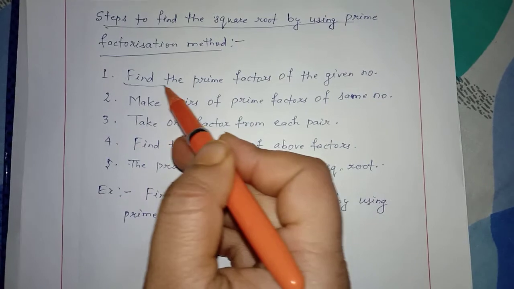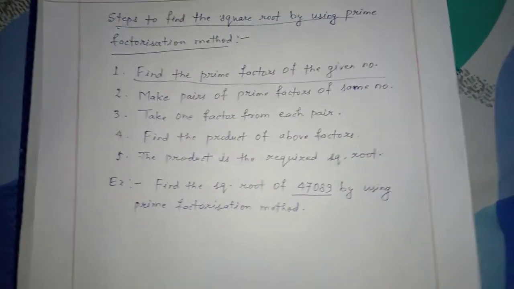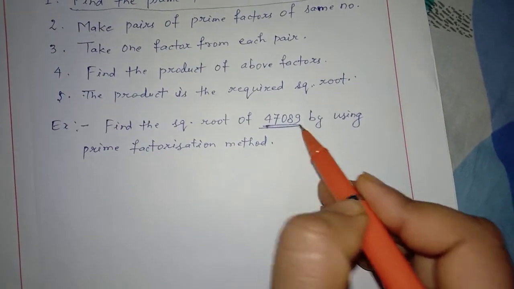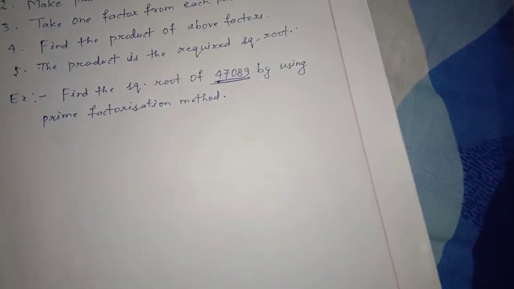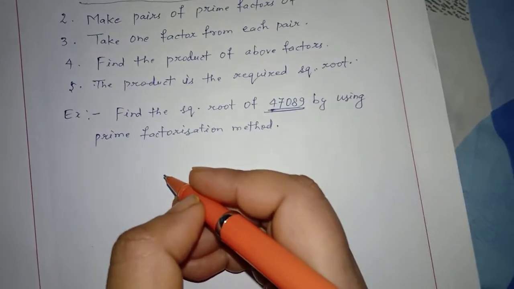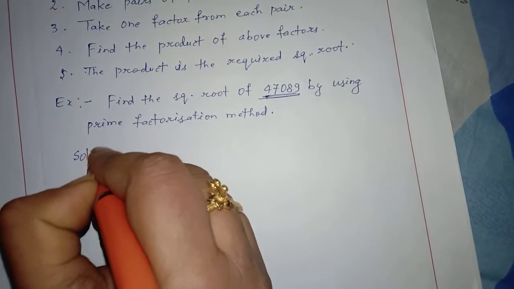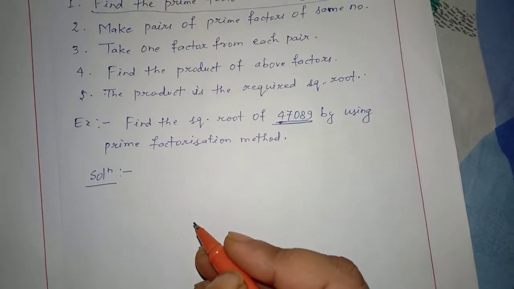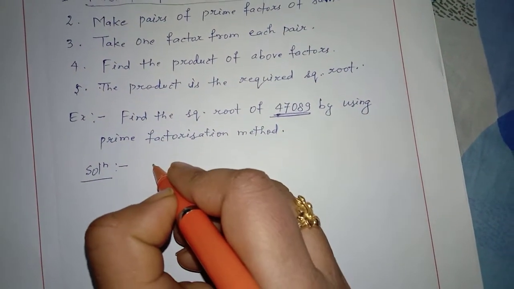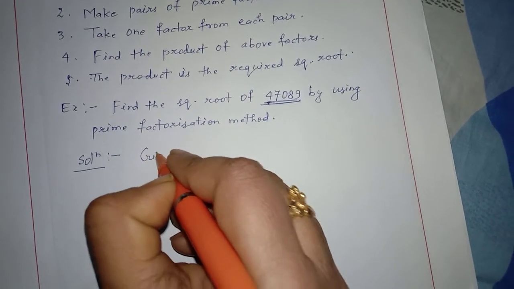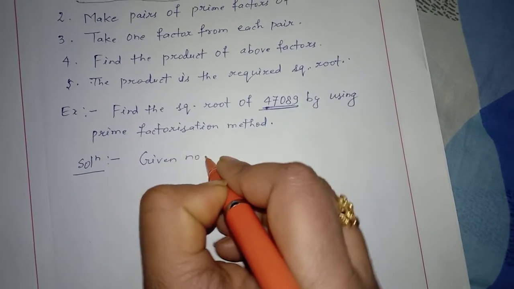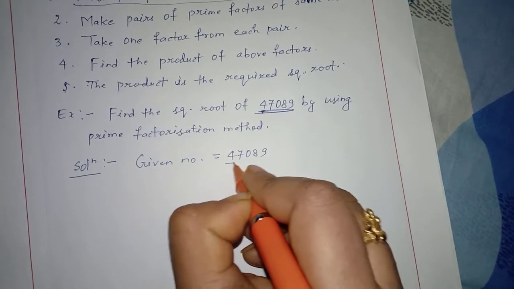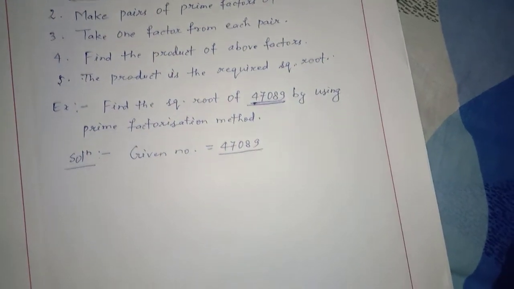So what is the first step? Find the prime factors of the given number. And the given number is 47,089. For solving the question, it is very important how many steps we have to follow and how we write our steps. So write down the given number, 47,089, and in this number 5 digits are given.